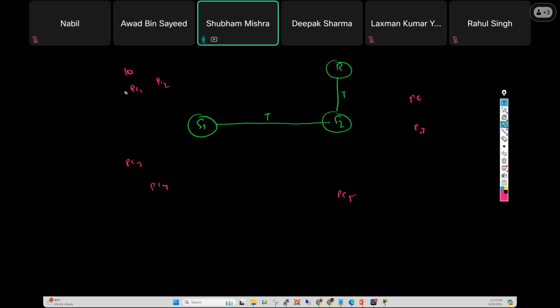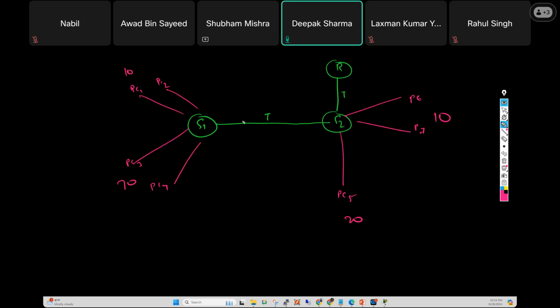These are part of VLAN number 10. This is part of, let's suppose, VLAN number 30, and this is part of VLAN number 20, and this is again part of VLAN number 10. And this is called the trunk link, or trunk port.